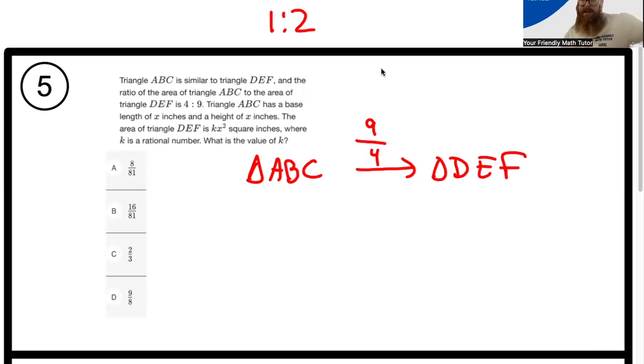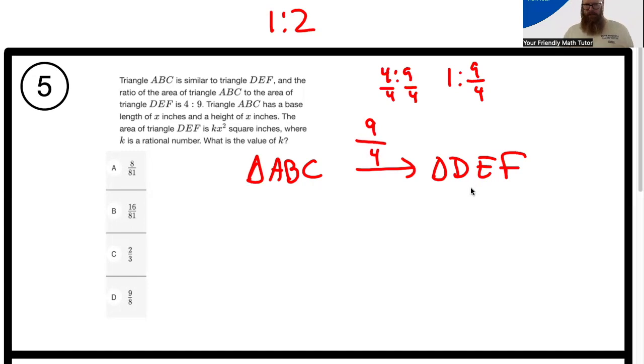Well, we could do the same thing here. If it's 4 to 9, we could divide each side by 4, because a ratio is kind of just like a fraction, so it's like dividing top and bottom. That gives you the ratio 1 to 9 over 4. So therefore, 9 over 4 is the thing that the area is being multiplied by.